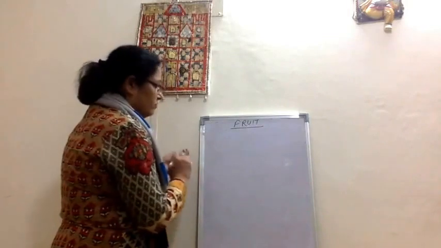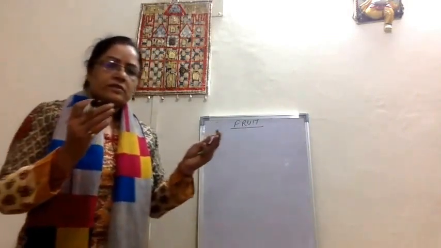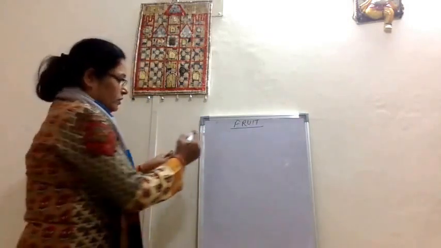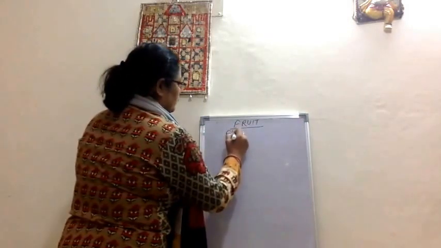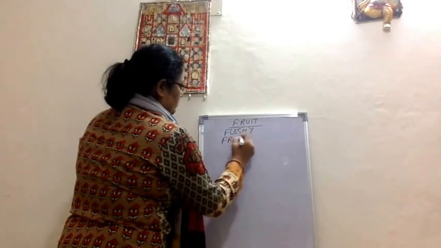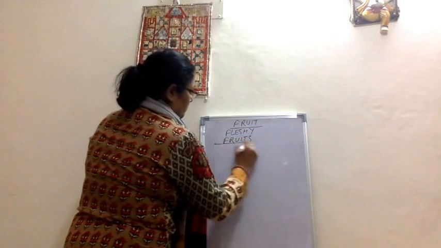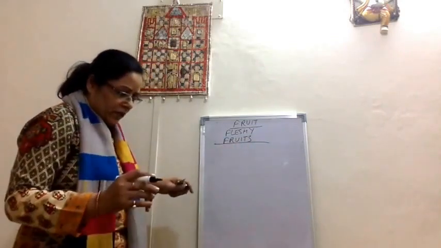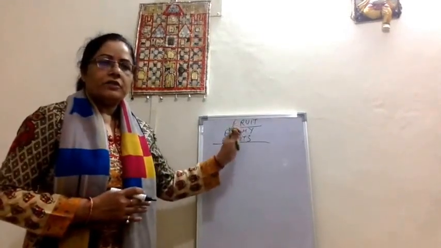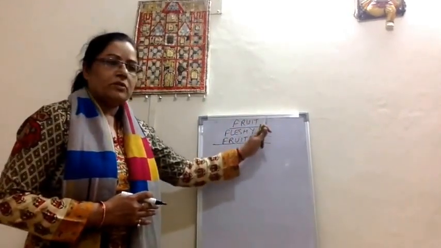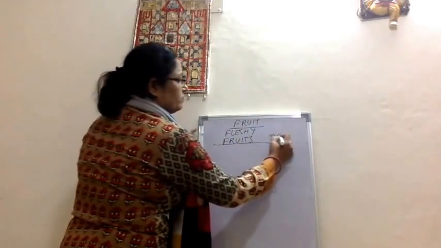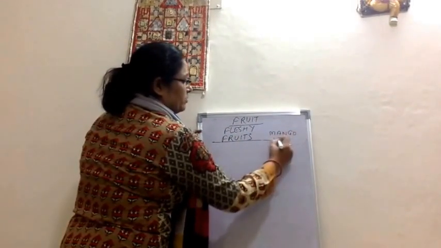Now we will discuss separately fleshy fruits and dry fruits. Fleshy fruits are those in which the fruit wall is clearly differentiated into pericarp, mesocarp, and endocarp, like in mango, tomato.